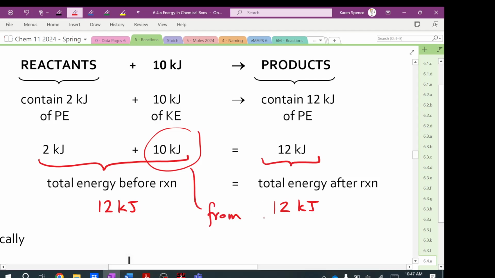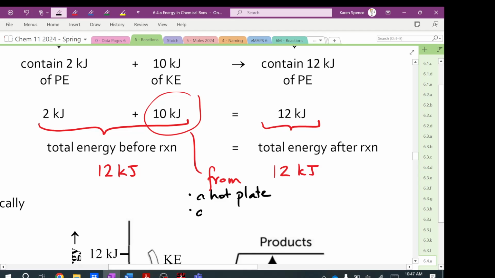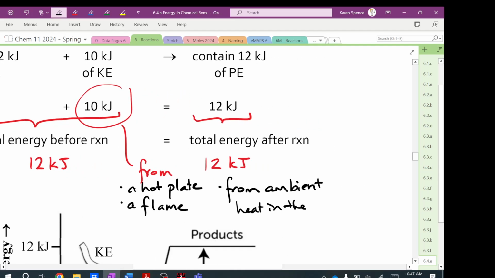So this is coming from a hot plate, from a flame, or just from the ambient heat in the room. Do you guys know what ambient means? Sort of like natural. Just the surrounding heat in the room.